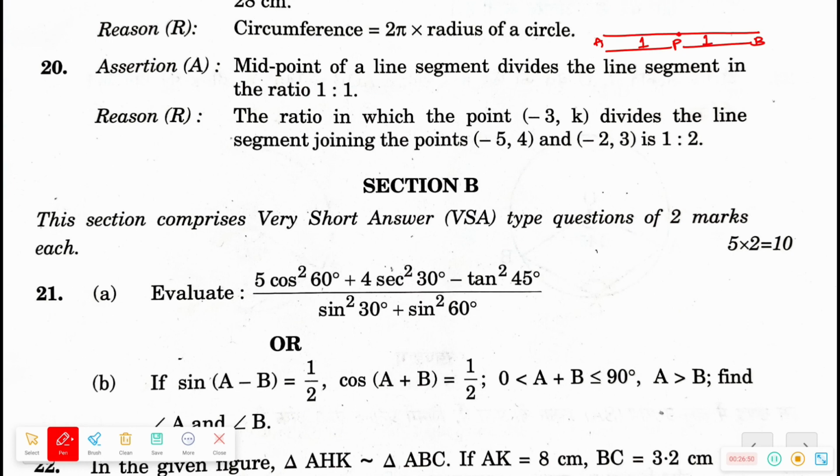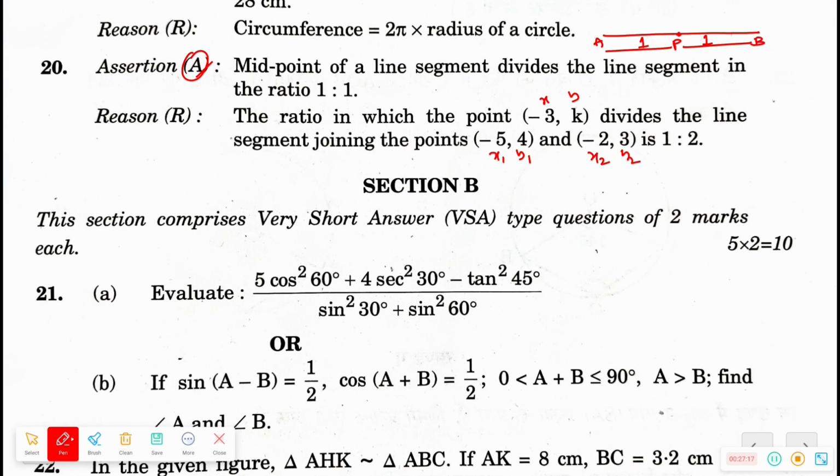So that means assertion is true. Now coming to the reason, we have to use the section formula here. This is x1, y1, x2, y2. This is x, y. We have to check whether we are getting the same answer or not. Or otherwise we can follow another way also.